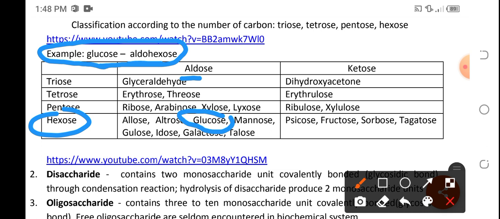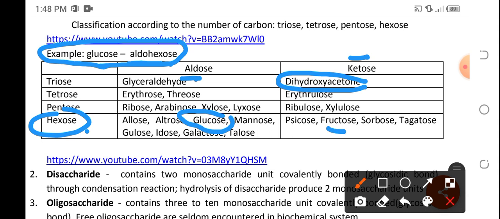So, it is an aldo. Aldo means it has an aldehyde on it. And hexose means that it has 6 carbon atoms. So, if you have to classify dihydroxyacetone, this would be a ketotriose. So, pagsasamahin lang natin yung classification, yung functional group at yung number of carbon atoms.